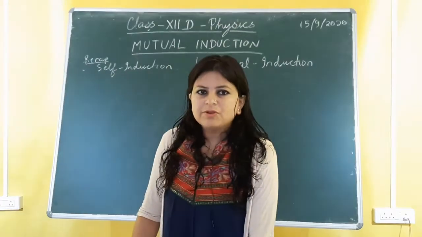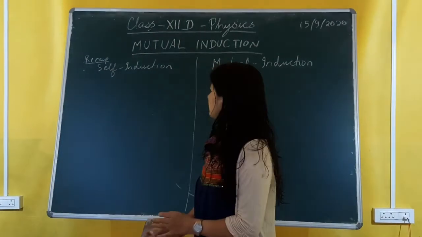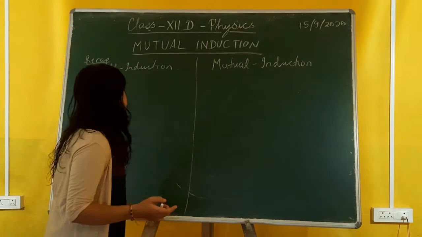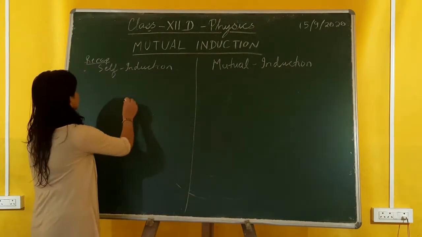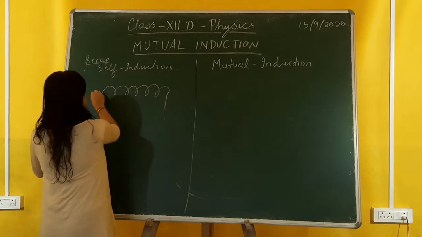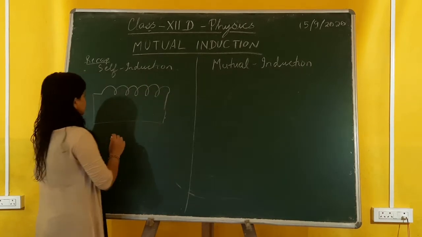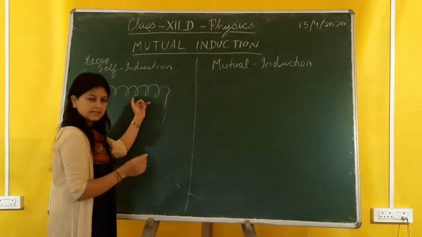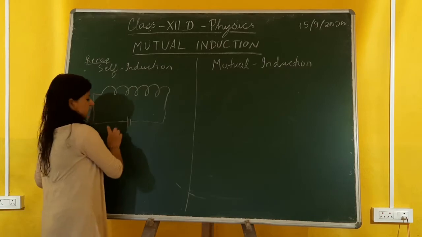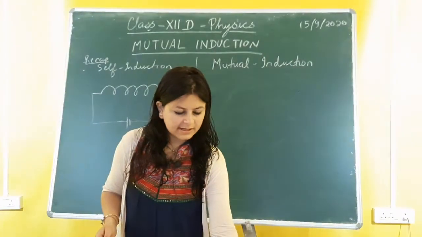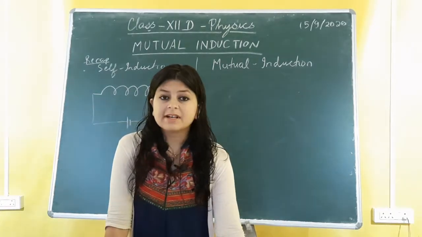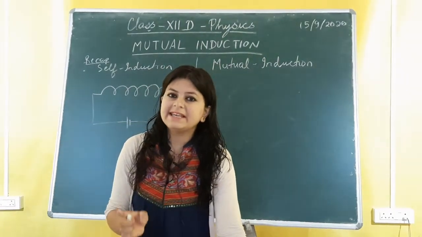Before we proceed to mutual induction, let me give you a brief revision of self-induction, which we have already done in our previous classes. Self-induction is nothing but you have a coil, okay, and if there is any change in magnetic flux linked with this coil, suppose I increase or decrease the current in a coil, there will be a change in magnetic flux linked with the same coil, due to which an EMF will be induced.